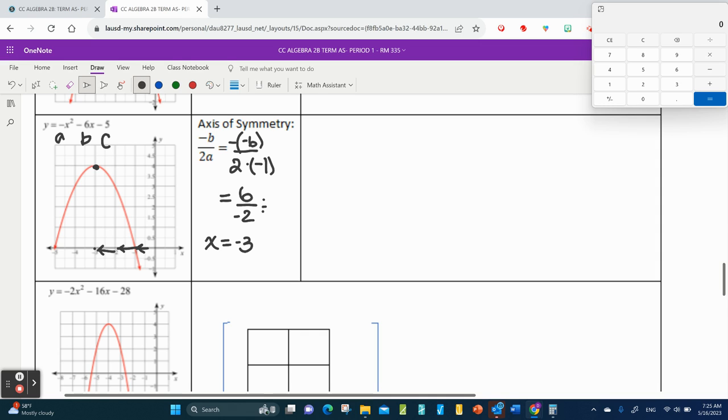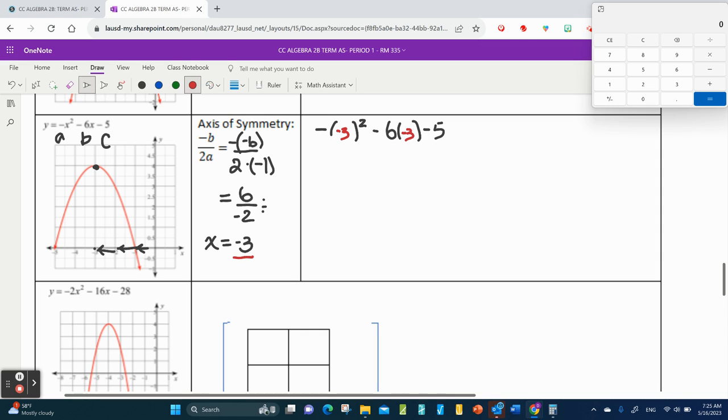The next thing I do is I rewrite the original equation, but instead of putting the x, I'm going to just put parentheses. And the reason for that is that inside each of these parentheses, I'm going to replace it with -3. So now I'm going to take this -3 and I'm going to just put it in here.